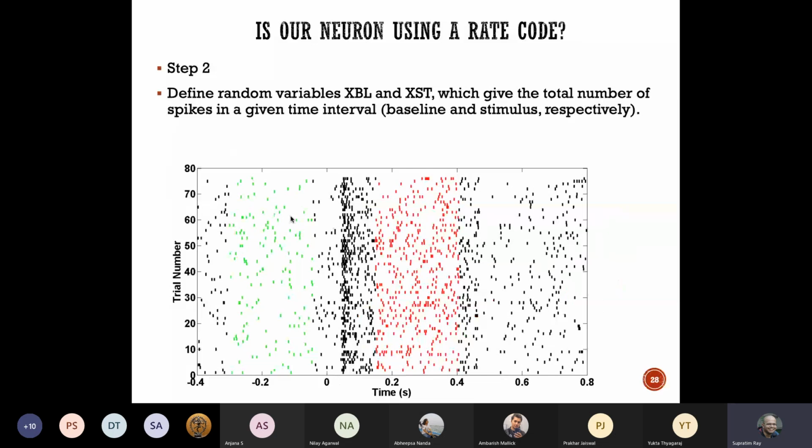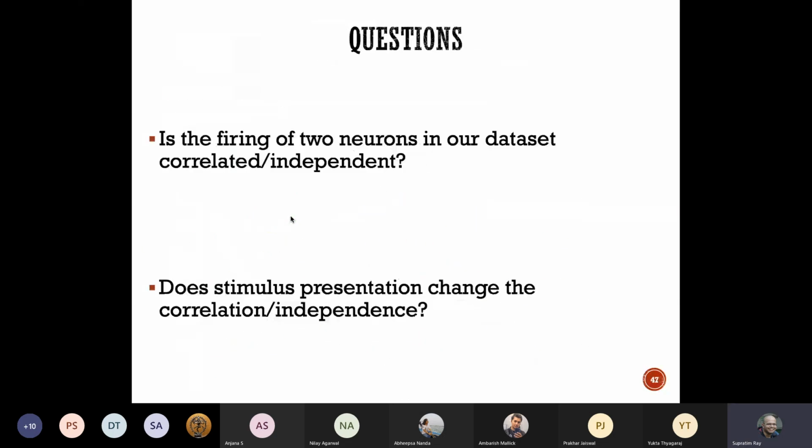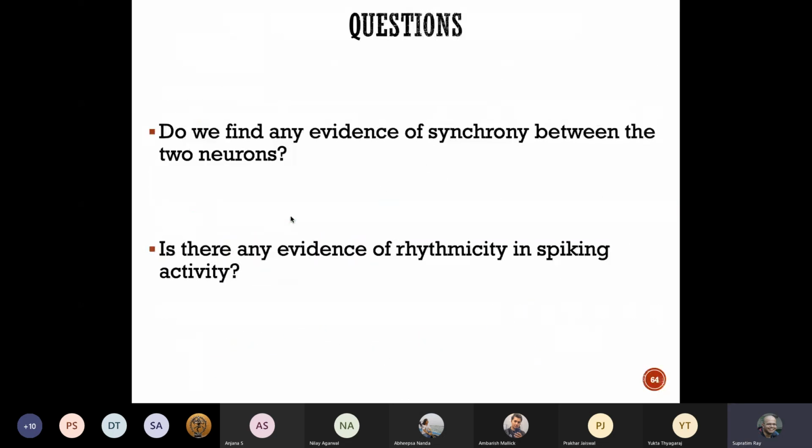I give you this for one neuron and a similar looking plot for another neuron, 76 trials. That's all you have. And now you're trying to figure out how the brain works, and you're testing certain hypotheses, and you want to check for these two questions. How will you do it?